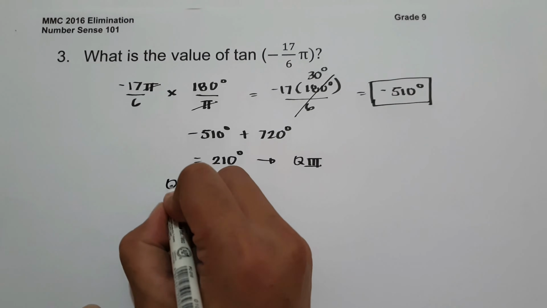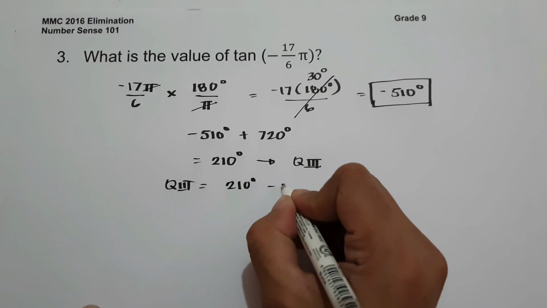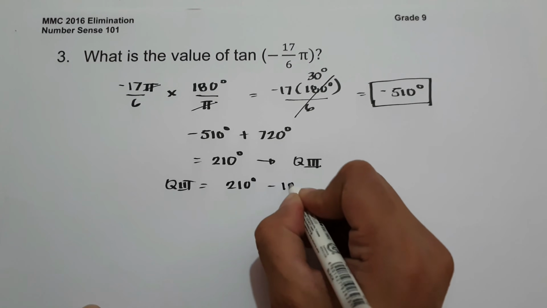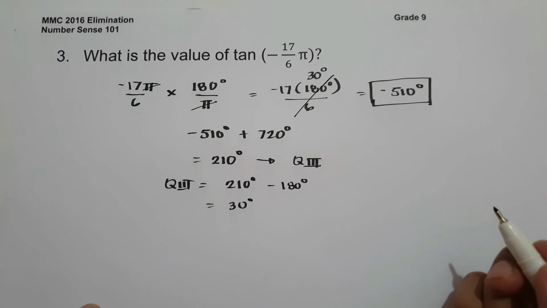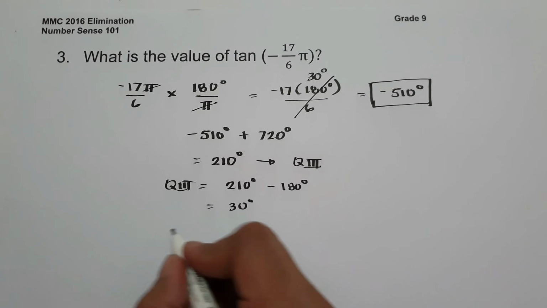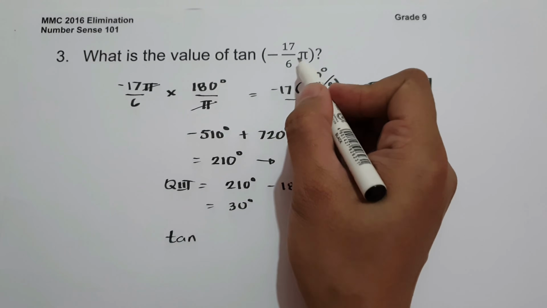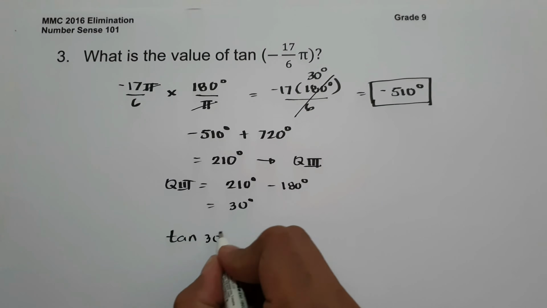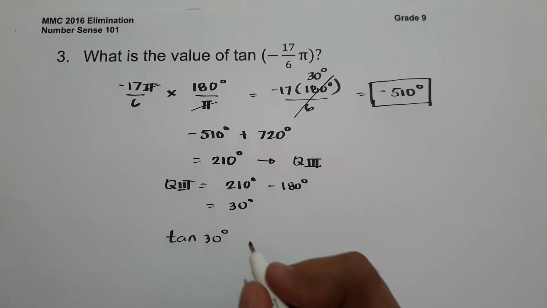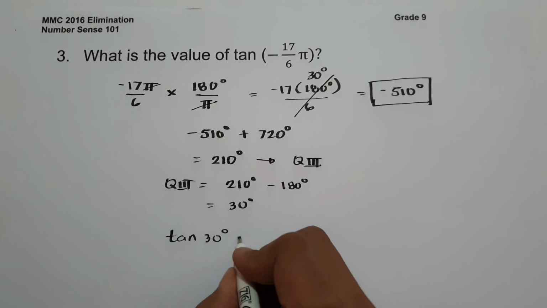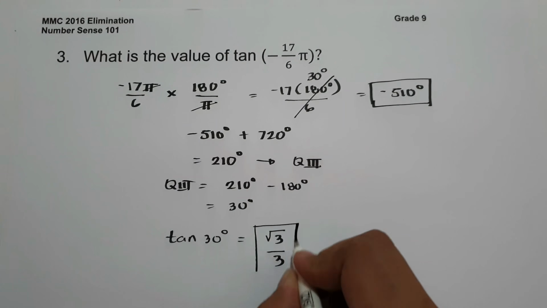And the reference angle in quadrant 3 is 210 degrees minus 180 degrees. So that is 30 degrees. Therefore, tangent of negative 17 over 6 radians is equivalent to tangent 30 degrees. And tangent 30 degrees in quadrant 3 will give us square root of 3 over 3. And this will be our answer.